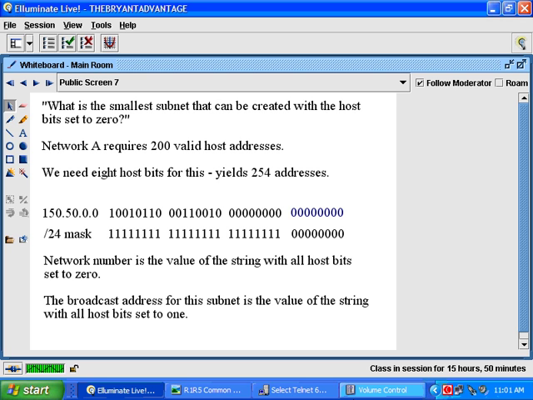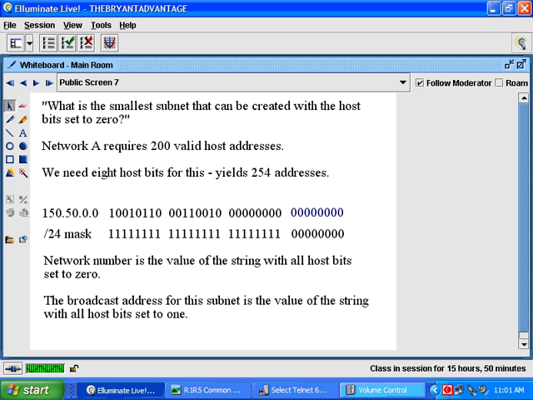Some people like to go the other order once you've practiced this enough. In the real world, if you want to do your small subnets first, go right ahead. But in this case, and in every VLSM scheme I develop, I'm always asking this question: what is the smallest subnet that can be created with all the host bits set to 0? That will become clear to you as we walk through a few of these.